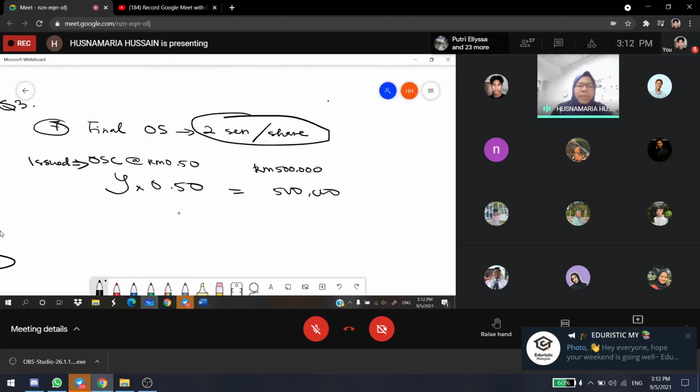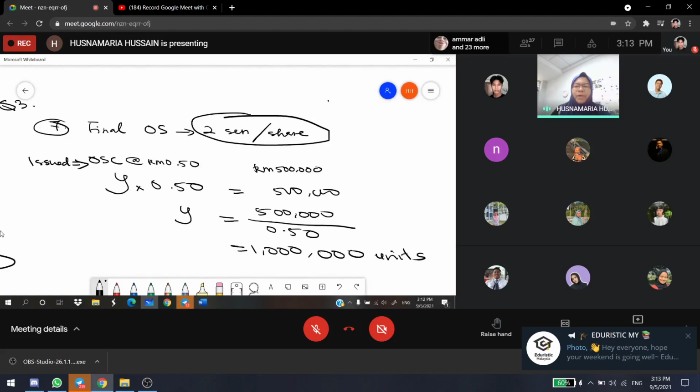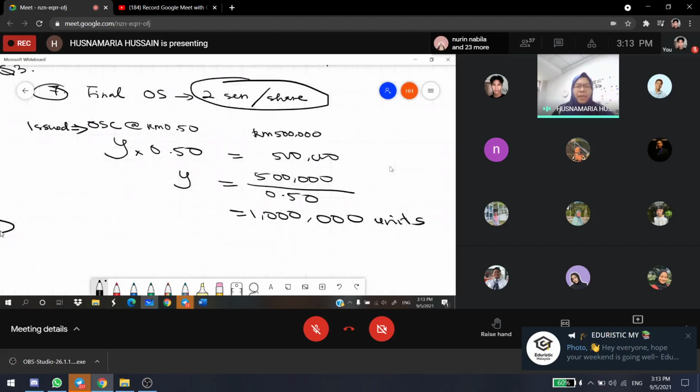Total number of units yang kita jual, we sell at 50 cents, then we get the total value that we sold. But then we do not know Y. So what is Y? Y is equal to 500,000 divided by 50 cents. That's why you get 1 million. So, meaning you have issued 1 million units of ordinary share.